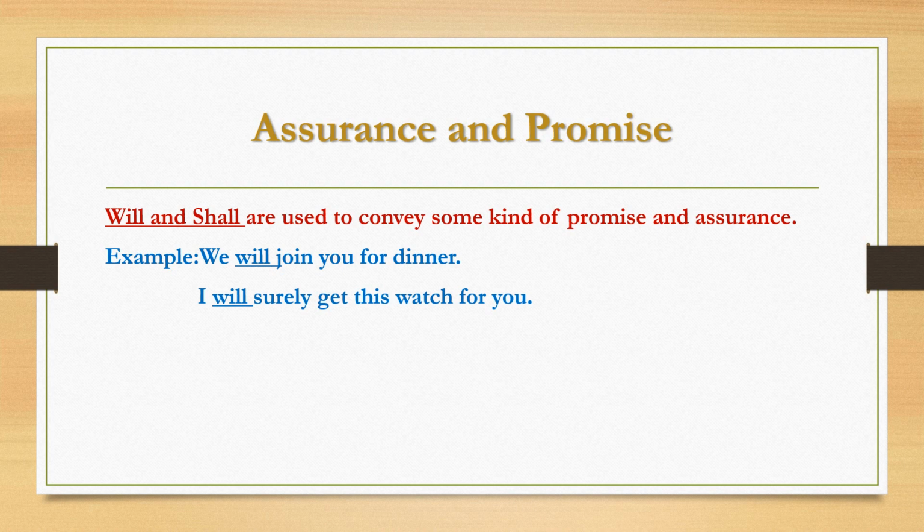Assurance and promise. Will and shall are used to convey some kind of promise and assurance. Example, we will join you for dinner. I will surely get this watch for you. So we are giving assurance. We are in a way promising that something that we will surely do. Then we use will or shall.